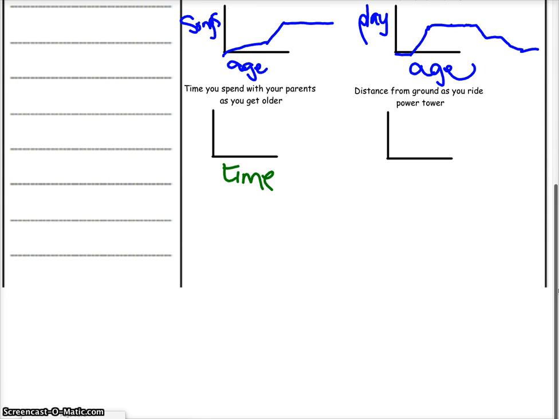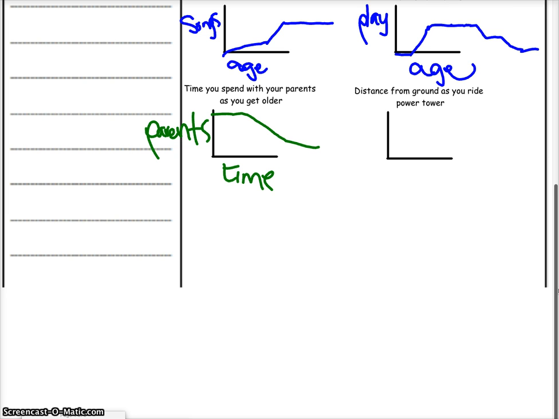Because as time increases, as your age increases, the amount of time you spend with your parents typically decreases, right? Let's keep this positive. Okay. So when we're little, guess what? All we do is spend time with our parents. And then all of a sudden it slowly starts decreasing. School gets in the way of parent fun. Heck yeah, it does. We gotta taxi you around and do homework.